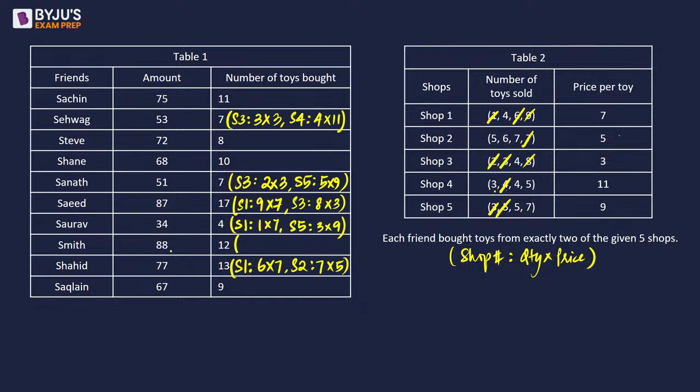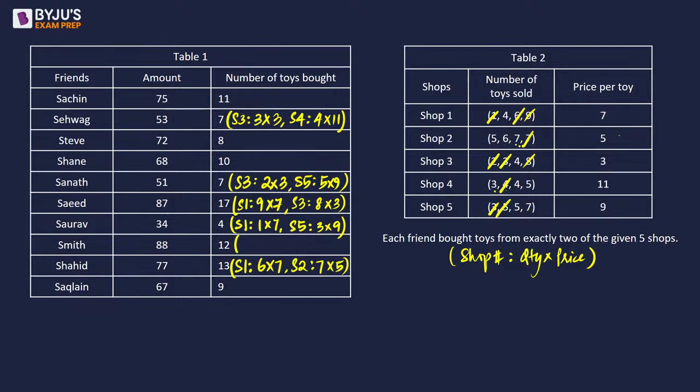So we need 88 rupees. So let's take this 7 twice of 5 rupees each and 5 twice of 11 rupees each. So 55 plus 35. Oh, that's 90. So this combination will not work.